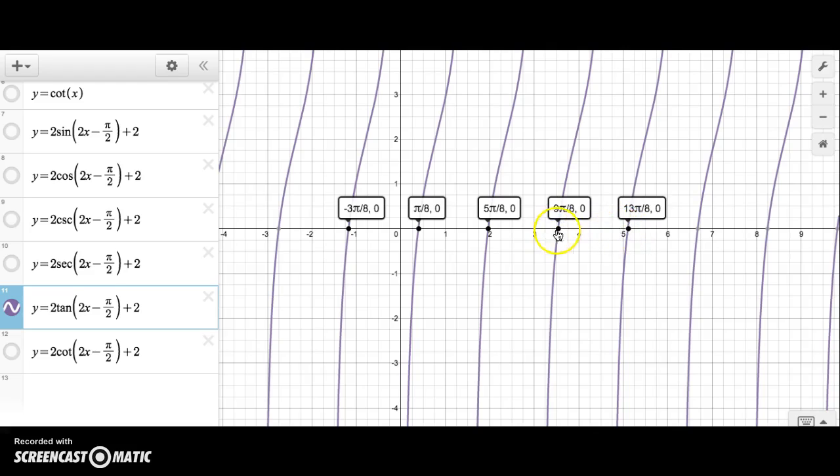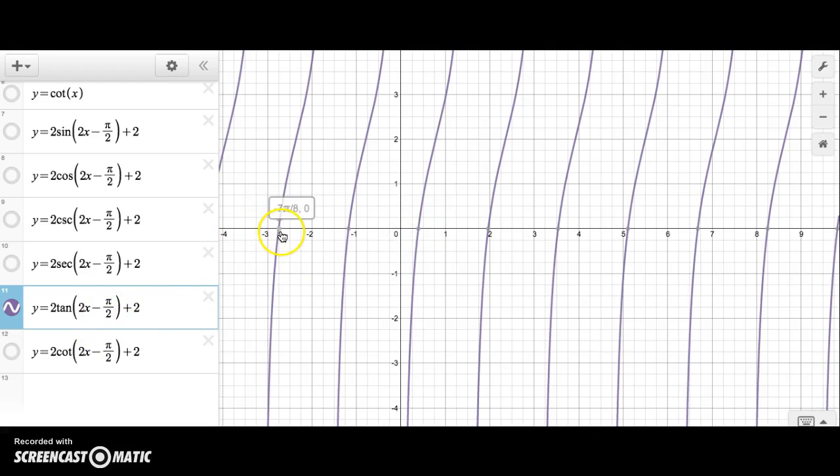Right? It's no longer pi. Now pi over 2. And we have this phase shift of pi over 2. So we moved everything over pi over 2.